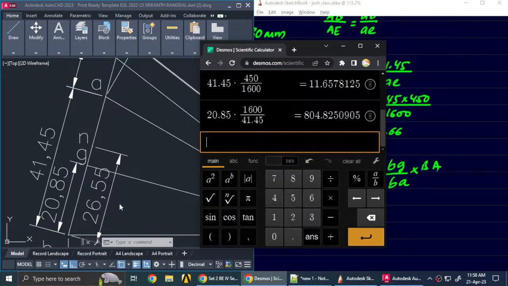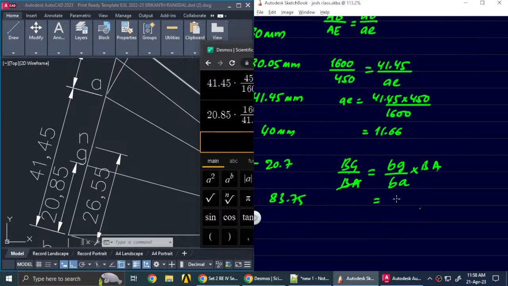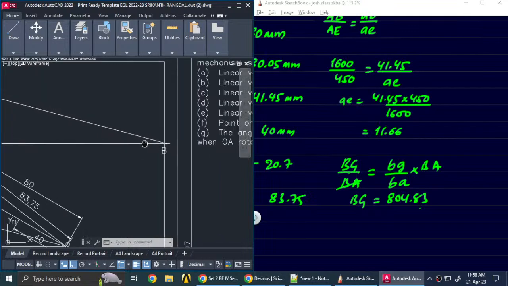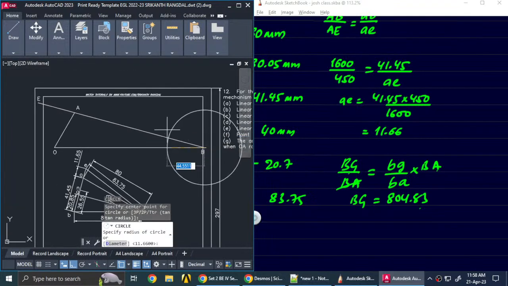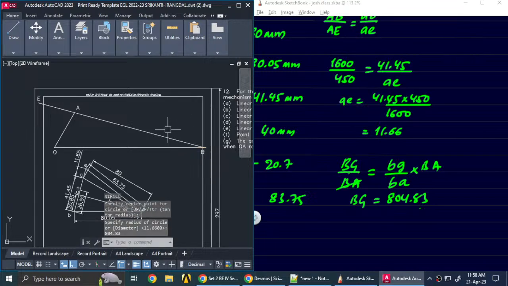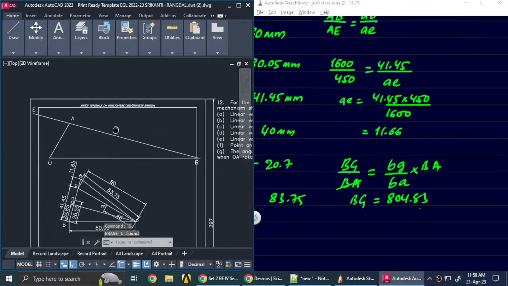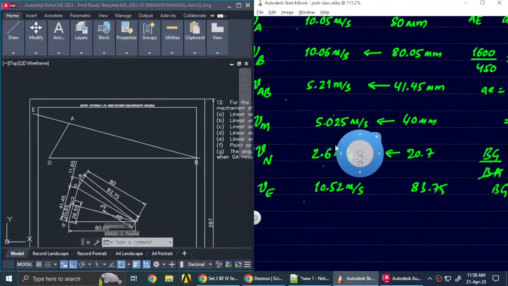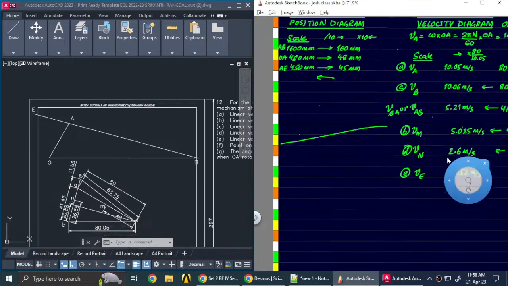So we're getting 804.83. This is the length capital BG. If you want to find that point, you have to mark the point from B at length 804.83. This is the actual length, so we have to convert it again.